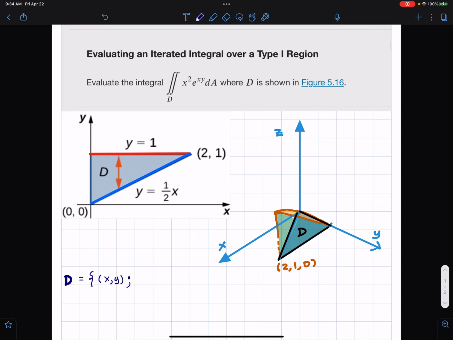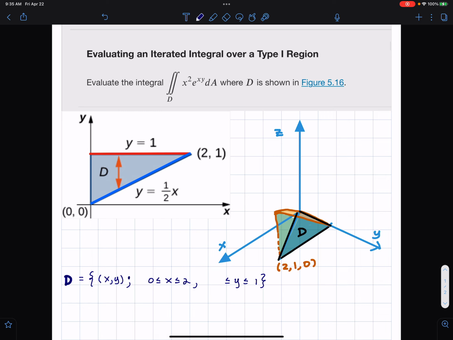Such that x is between 0 and 2. By the way, I usually do a vertical bar in this class for multivariable calculus, but I'll just do the semicolon. And then y is between 1/2 x and 1. See, these are our two functions, except I wrote it down wrong.